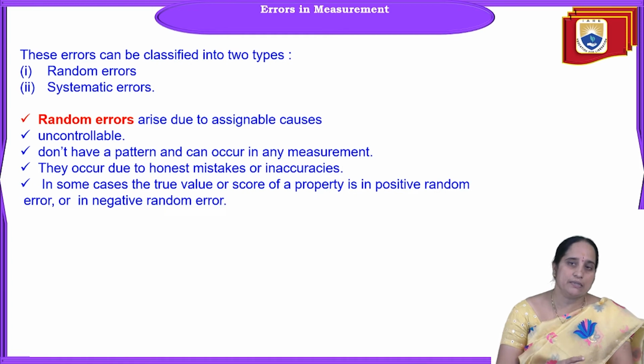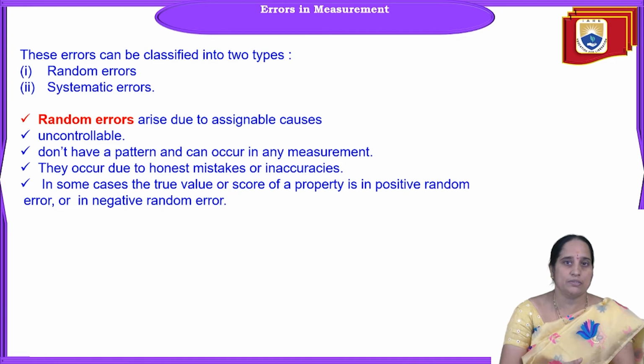These errors are basically classified into two types: random errors and systematic errors. Random errors occur all of a sudden due to some assignable causes, and they are beyond the control of the decision maker. For example, a fire accident in the organization, an earthquake or floods come under random fluctuations.